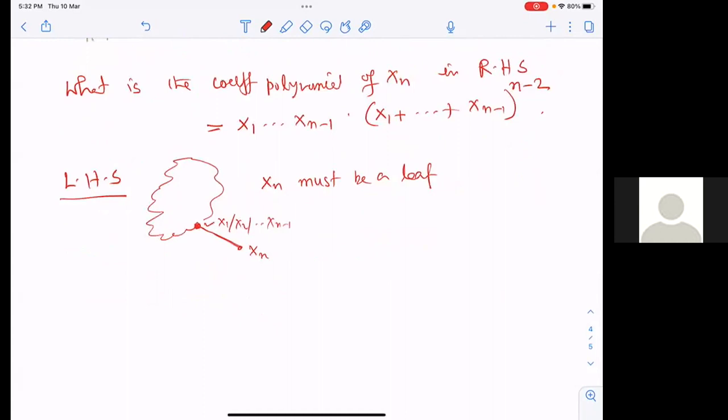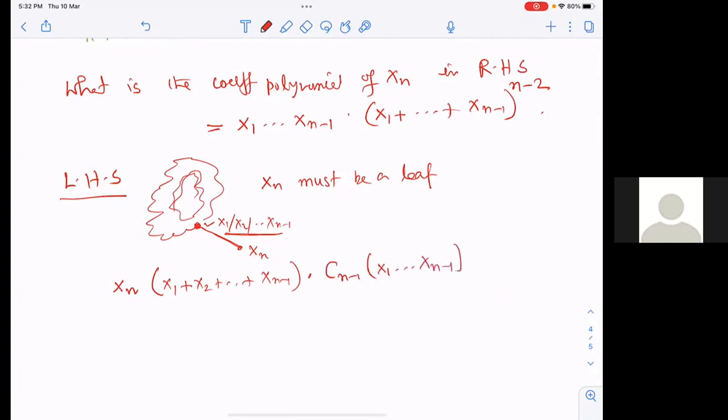The total term will be xn, and then xn must be accompanied with one of them, that is x1 plus x2 plus up to xn minus 1, times the tree on n minus 1 vertices, for which the function I know by the definition is x1 to xn minus 1. Is that argument clear? This is the crux of the observation.